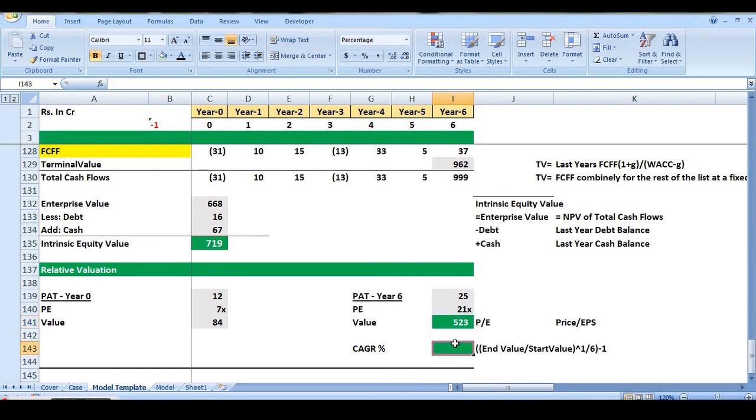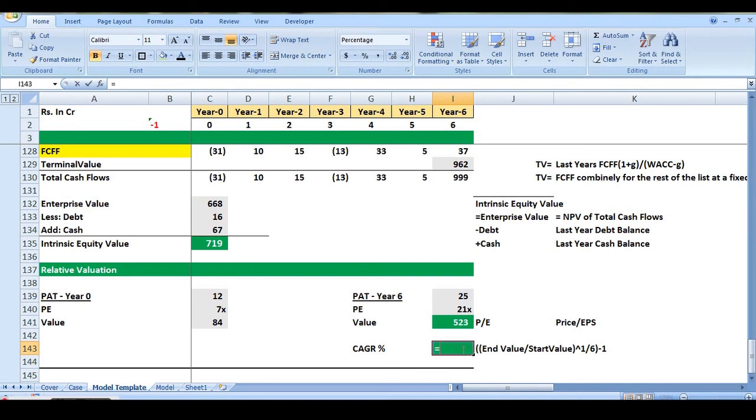And CAGR valuation. Now CAGR calculation if we want to do. CAGR means compounded annual growth rate of the organization. We simply want to find out uniformly if we want to calculate at what rate the organization is growing. And the formula for that is (end value divided by start value) raised to 1 by number of years, bracket complete, minus 1.